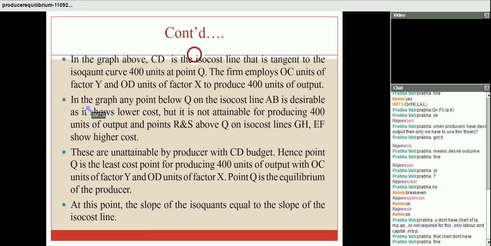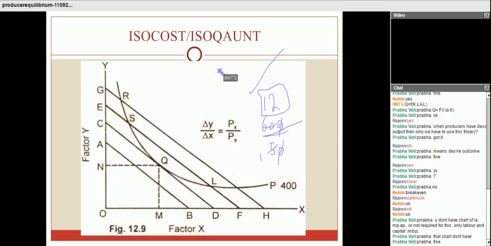So now looking at that graph, any point below Q on the iso-cost line AB is desirable as it shows lower cost, but it is not attainable for producing the 400 units of output.